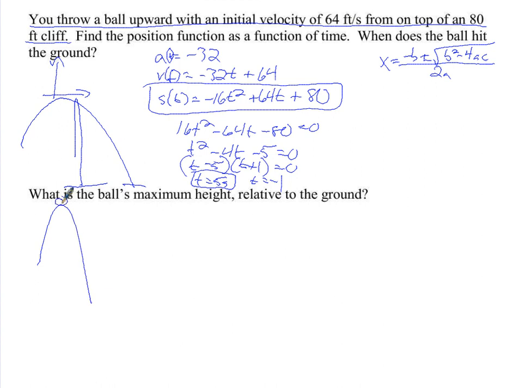So how do I find the maximum height? Take the derivative, which we already have. It's the velocity equation, and do what with it? Because at its maximum height, its vertical velocity will be 0. And then it will start to fall back towards the earth.